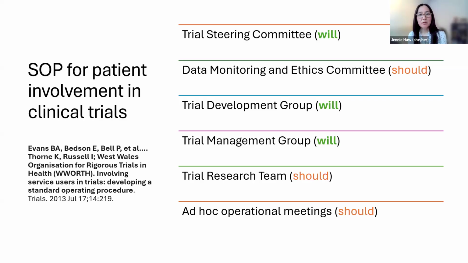So I want to just highlight a couple things here. I think it's important to recognize that they recommend patients, partners or service users be involved in the decision-making committees. I think that's really important to keep in mind. They also recommend that at least 2 patient partners or service users be involved in these committees.